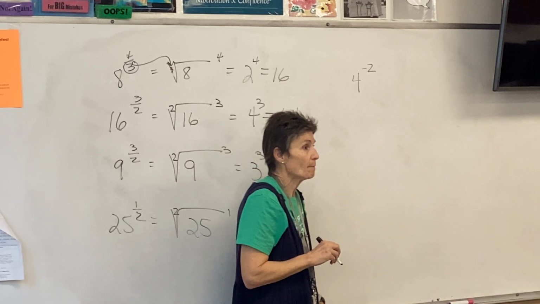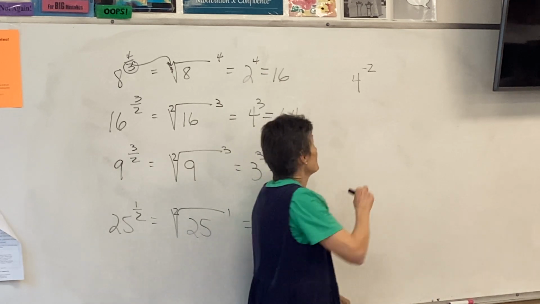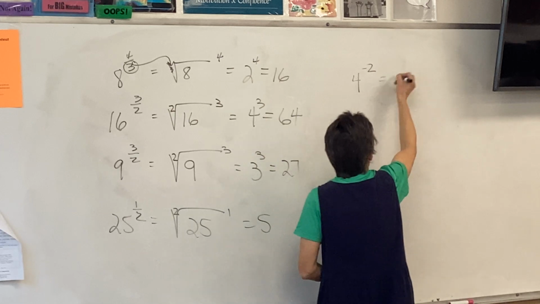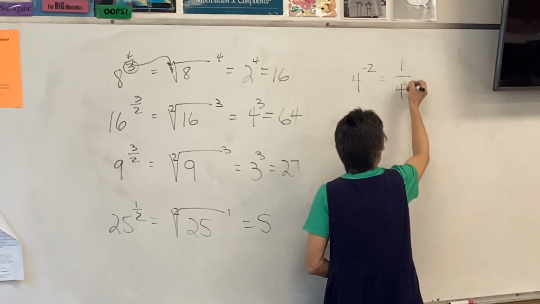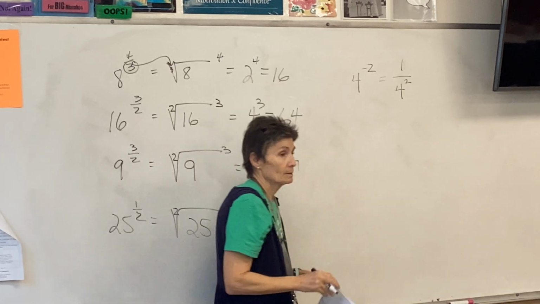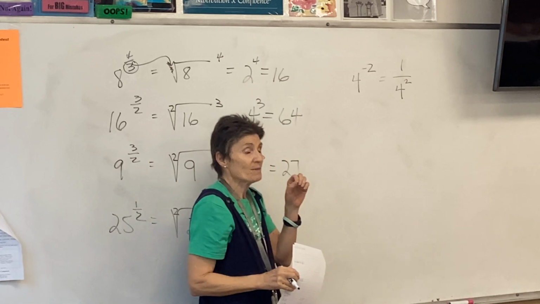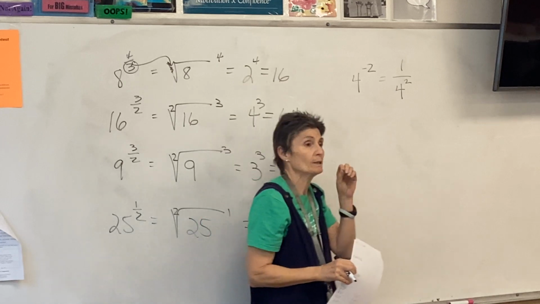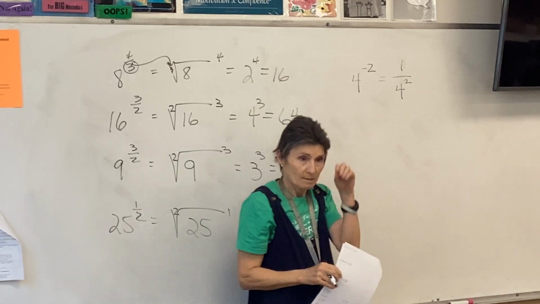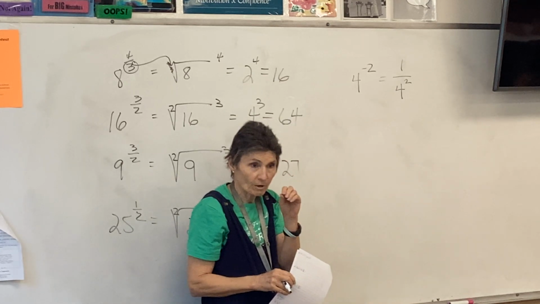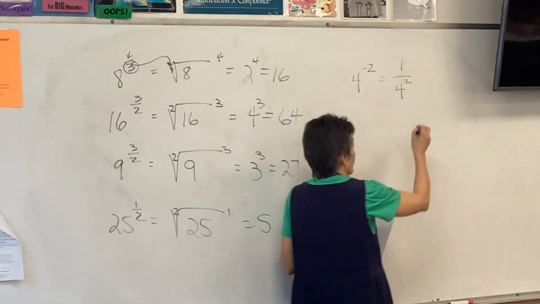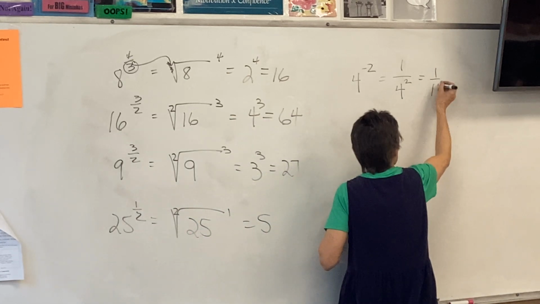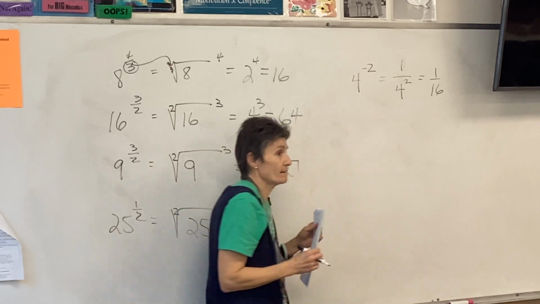You move it to the bottom. So this becomes 1 over 4 squared. When something has a negative exponent, you literally move it to the bottom of the fraction, make it 1 over. Well, what's 4 squared? So your answer is 1/16.